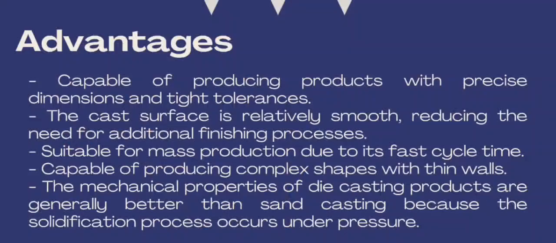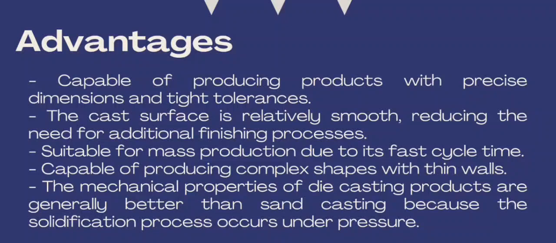The die casting method has several advantages over other casting methods. First, it is capable of producing products with precise dimensions and tight tolerance. Second, the cast surface is relatively smooth, reducing the need for additional finishing processes.